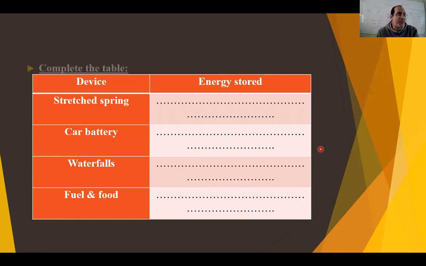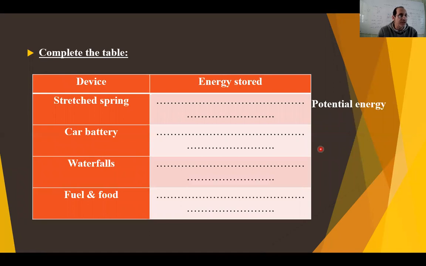The stretched spring, it is potential energy and stored. And by moving, it is converted into kinetic energy. Stretched spring, potential changes into kinetic, kinetic into potential, potential into kinetic, kinetic into potential, and so on.